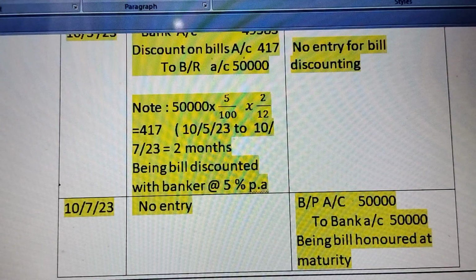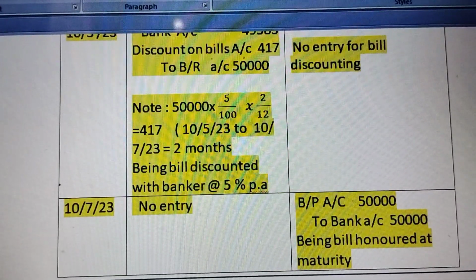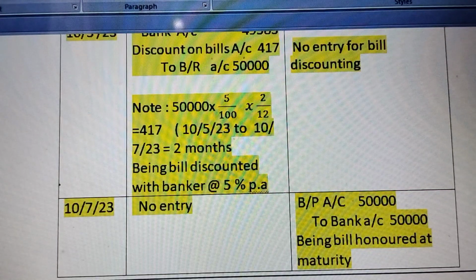There is no entry in the books of Mr. X when the discounted bill is honored. But the drawee has to make the payment. When he makes the payment, he will cancel the bills payable and credit the bank account. The entry will be bills payable to bank. Bills payable account will be debited by 50,000 and bank account will be credited 50,000, being bill honored at maturity.